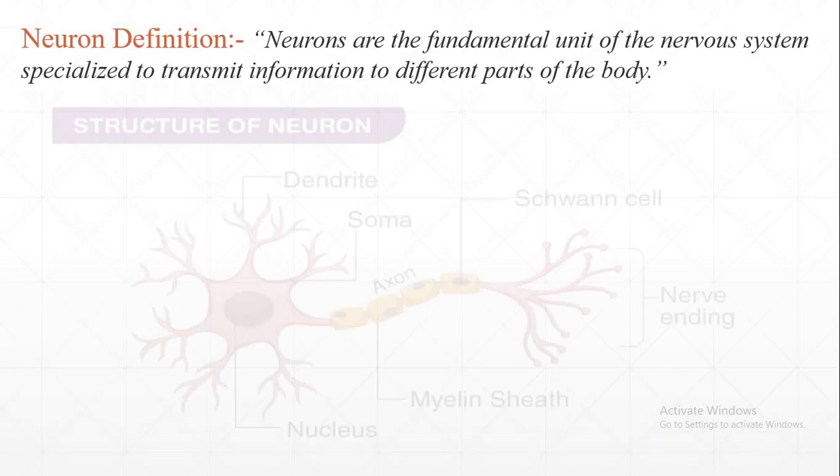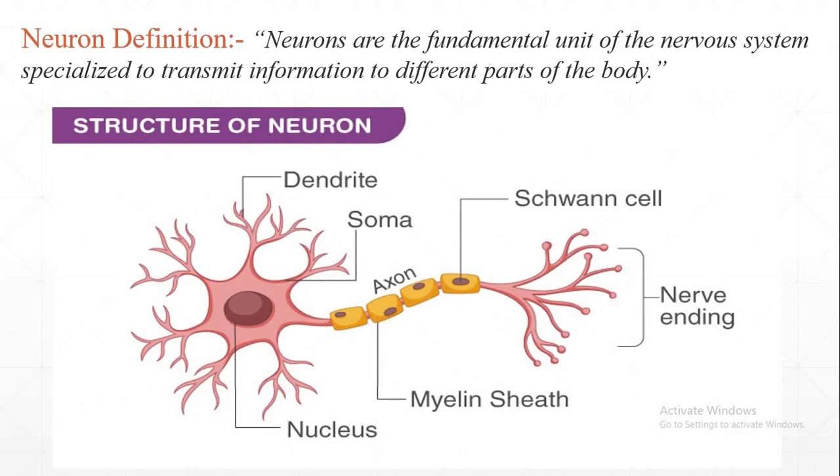Now, what is a neuron? All of you know the neuron is the fundamental unit of the human nervous system, specialized to transmit information between different parts of the body. Here you can see the dendrite part. This dendrite part takes input from the outside.